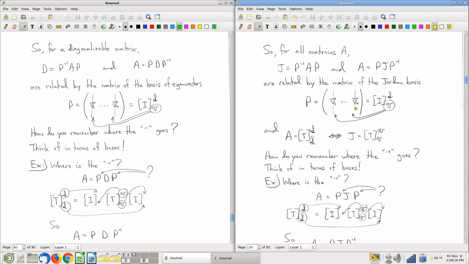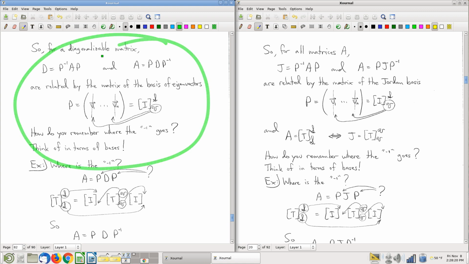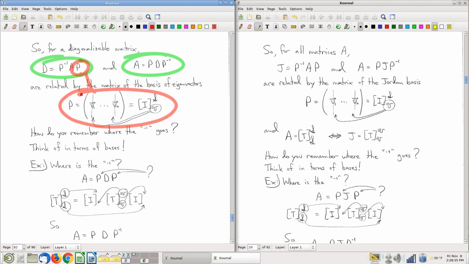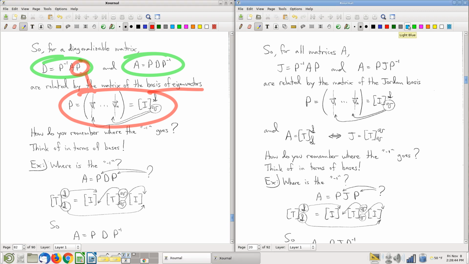Y'all may recall a ways back this was our summary for diagonalization, and when a matrix is diagonalizable, some are, some aren't, right? This is the conjugate of that, that's a conjugate of this. This matrix is a change of basis matrix, and there's something special about the basis. Likewise with Jordan form. Now, all matrices are Jordanizable, all of them, no exceptions.